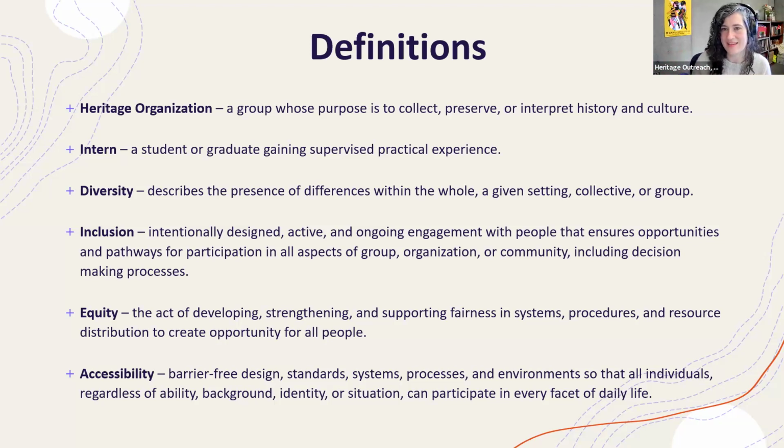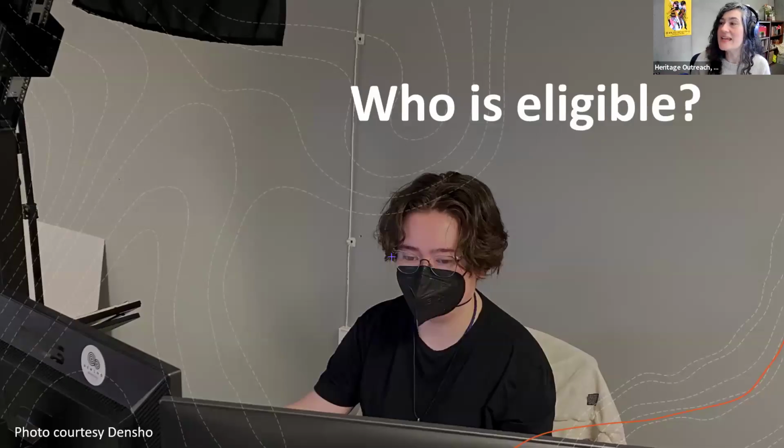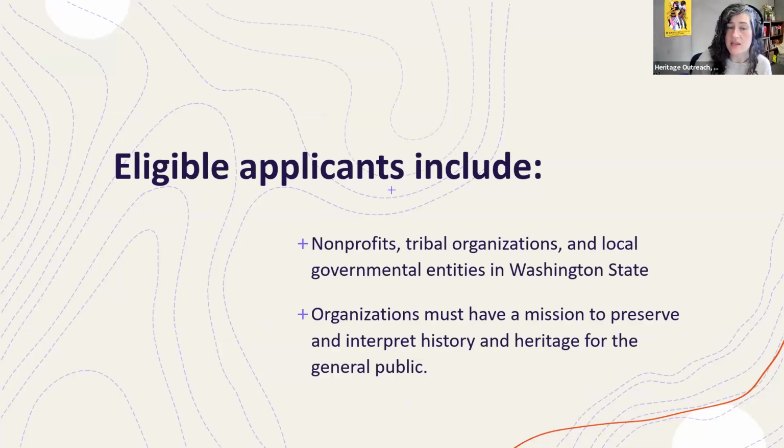So, who is eligible for this grant? There is more on eligibility in our guidelines. Some things to highlight here for you all is that nonprofits, tribal organizations, and local governmental entities in Washington state are eligible.